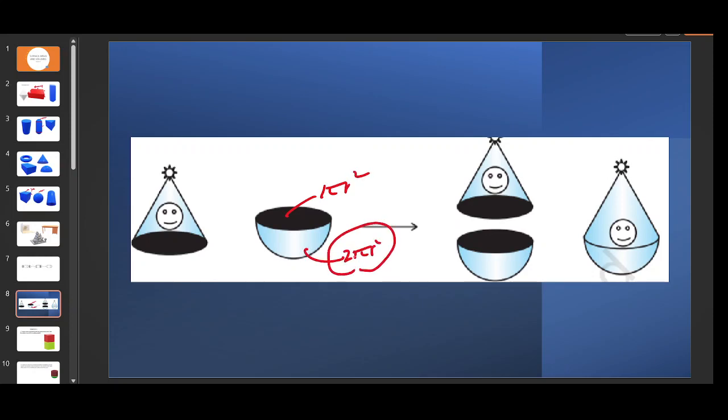Then if you want to find the value of the total surface, it will be 3 pi r square. Clear? Now this is pi r l and this is pi r square. There are many things available.